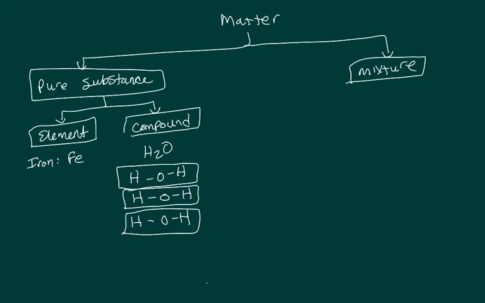Now, a mixture, on the other hand, is composed of two or more different substances in variable composition. So a mixture can either be homogeneous or heterogeneous.